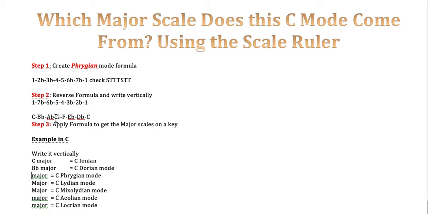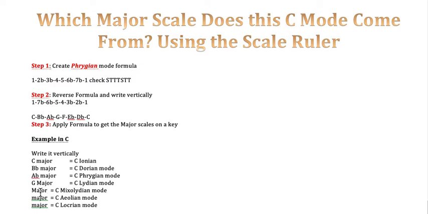And coming back to this one here, A flat major scale notes are the same as the C Phrygian. And the G major scale notes are the same as the C Lydian mode.